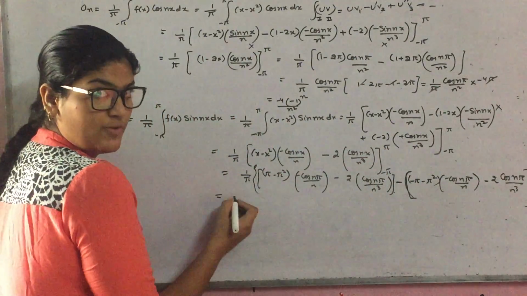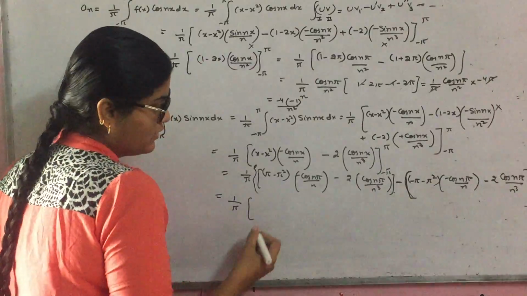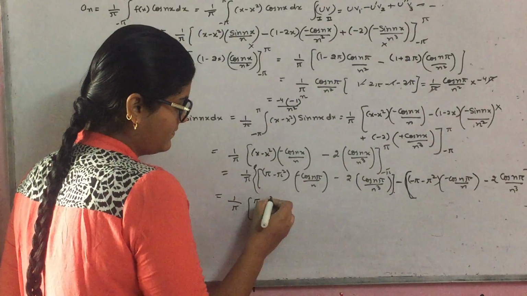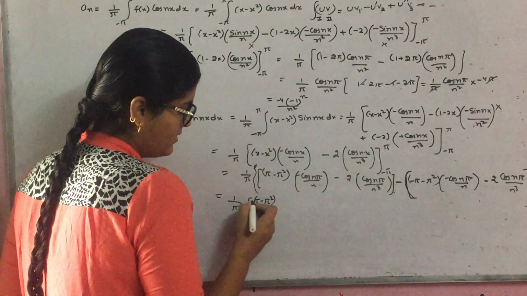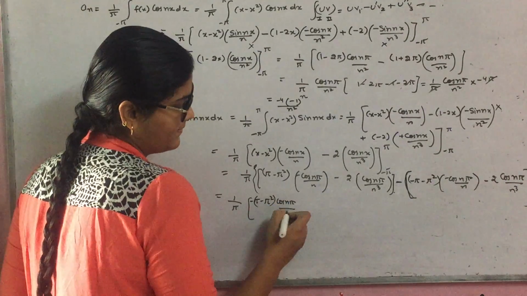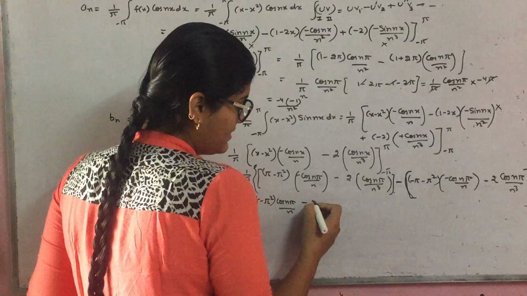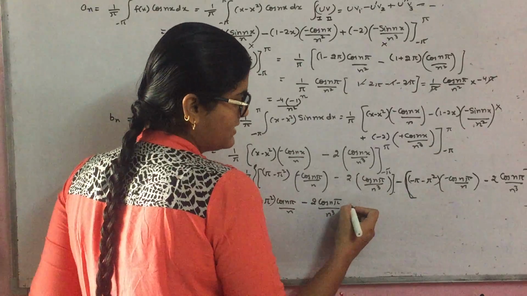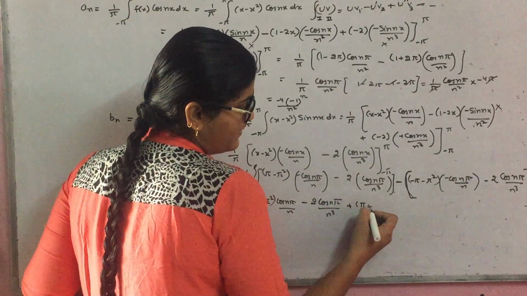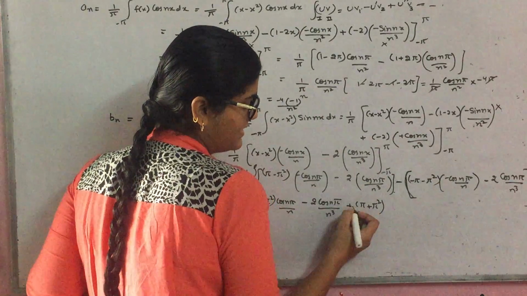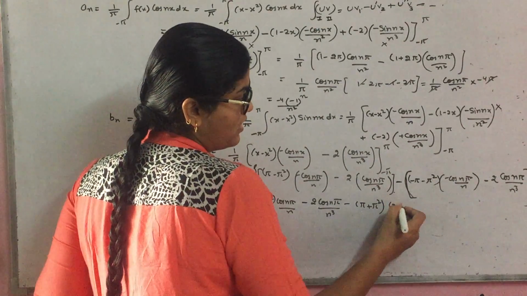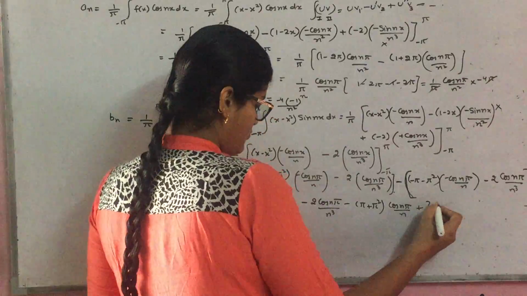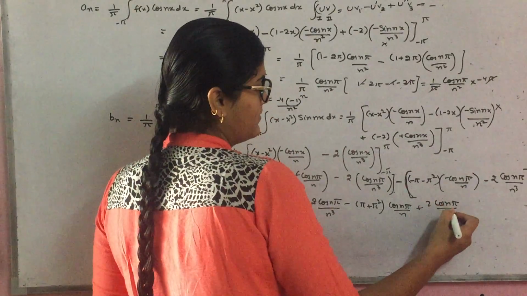Okay, minus 2 cos n minus pi is also n pi. Now if you take it as common, you will see that this is pi minus pi square minus cos n pi by n, and this is minus 2 cos n pi by n cube. This is minus minus plus pi square. This is minus, so it will become minus only, cos n pi by n. Minus minus plus 2 cos n pi by n cube.